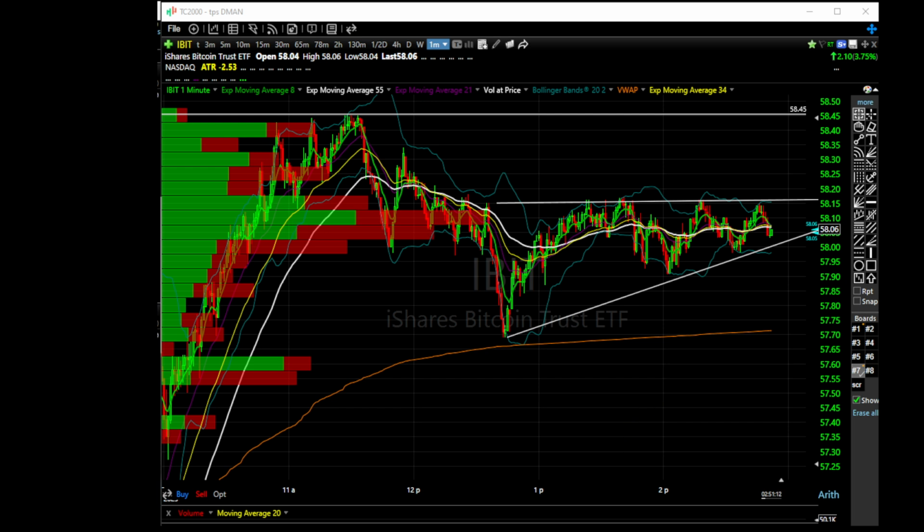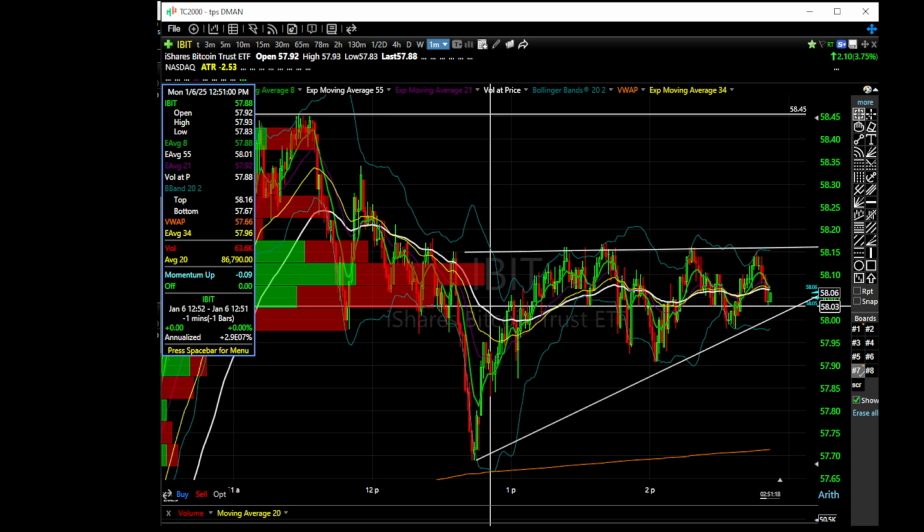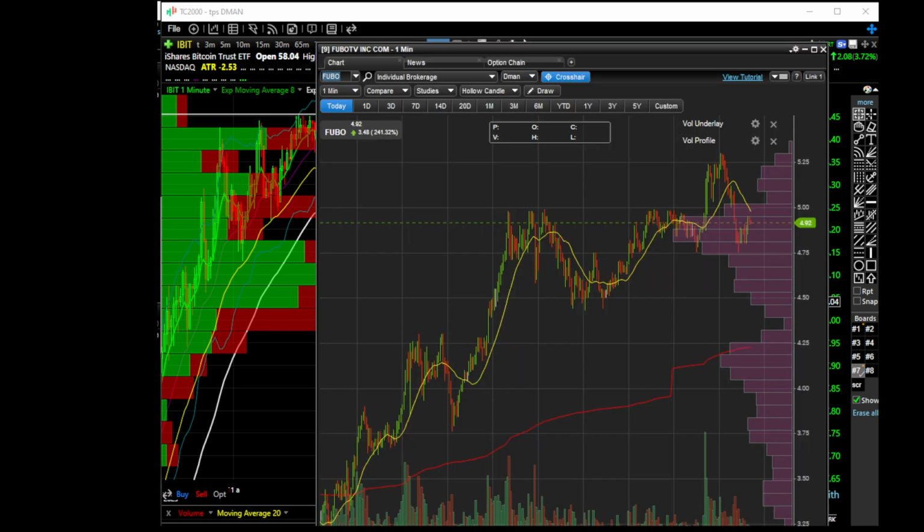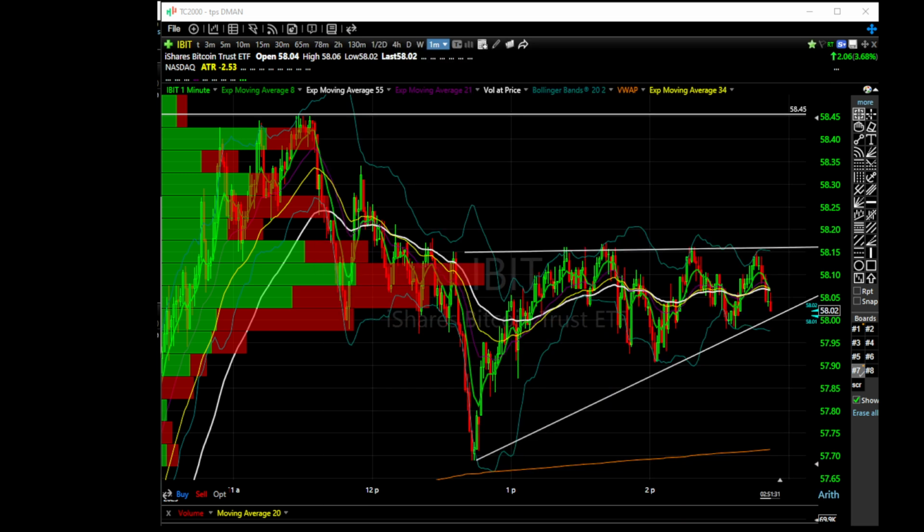And we're basically at value area low of this zone, right? Hold on, let me put it up on my E Trade as well. Sometimes the daily VP is a little bit better on E Trade.